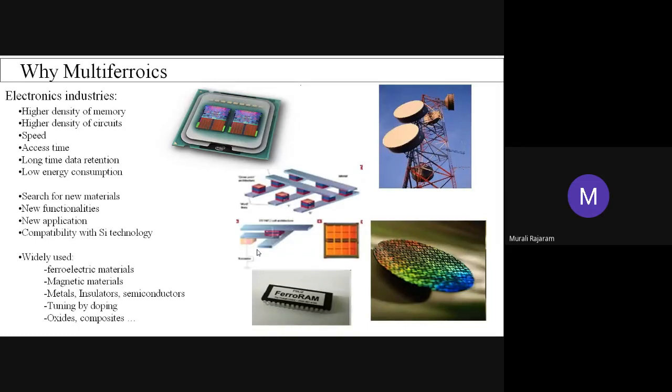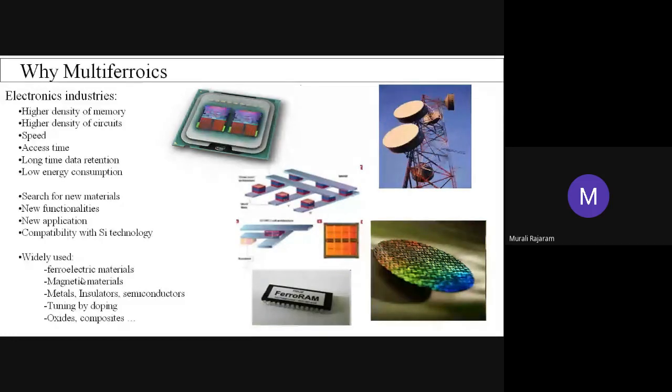At present, the widely used materials are ferroelectric materials and magnetic materials, metals, insulators, semiconductors. We are tuning these properties by doping with some other materials. Multiferroics are a new class of materials by which you can combine these two classes, ferroelectric materials and ferromagnetic materials. I will come to that in the next one.